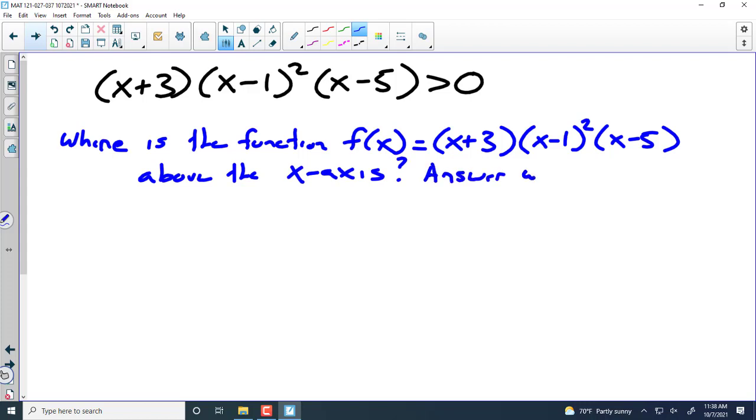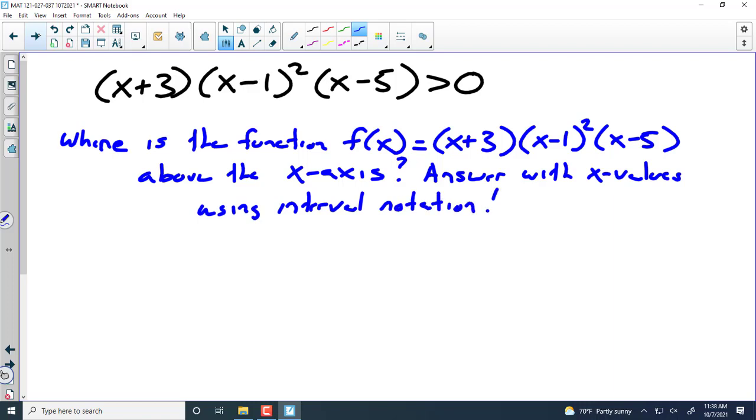Answer with x values using interval notation.